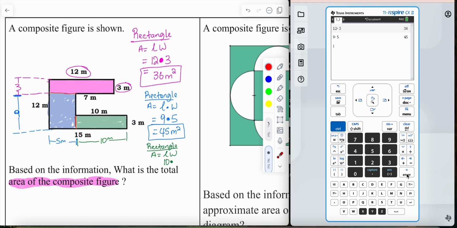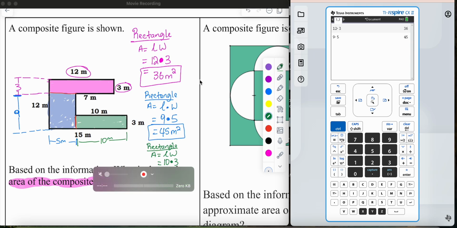Multiply the width. So right here is the width. So right here has to be 3. So that's going to give us 10 times 3. You can use a calculator. You can use a brain. That's going to give us 30 meters square.